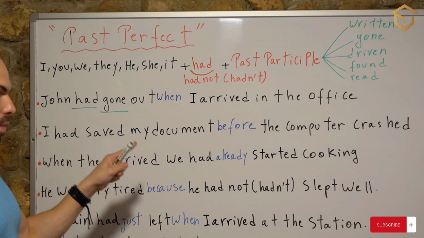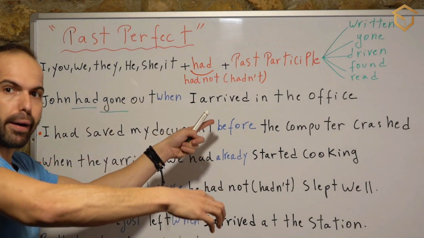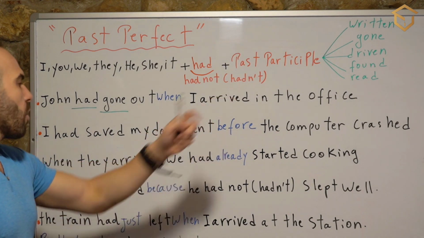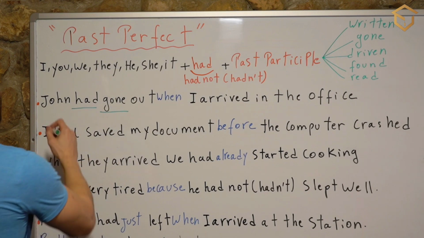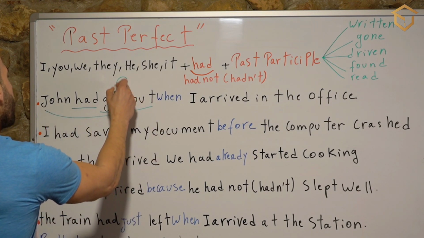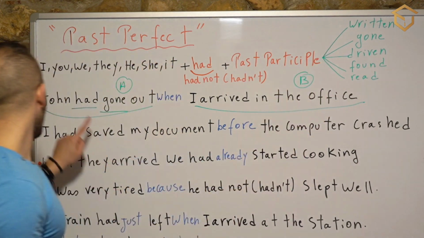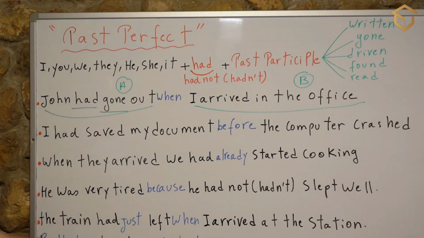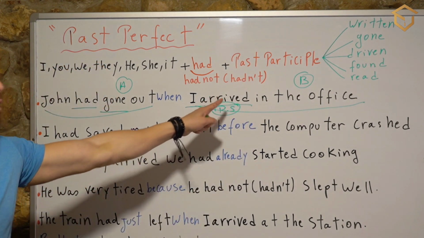So John had already gone out and then I arrived at the office. That's the first event, event A, and that's the second event, which is B. As you can see, we have the past perfect tense in here and we have the past simple in here.